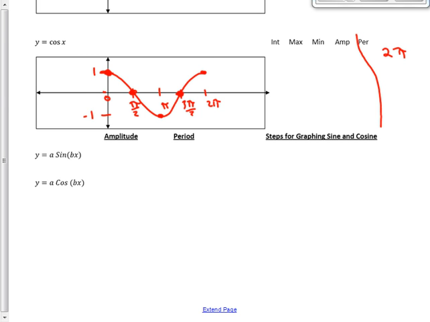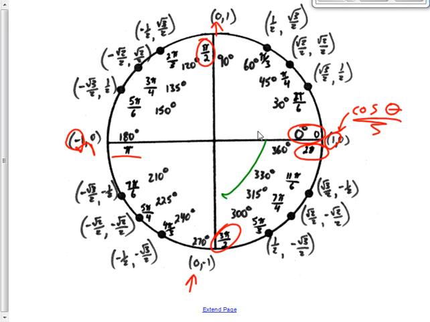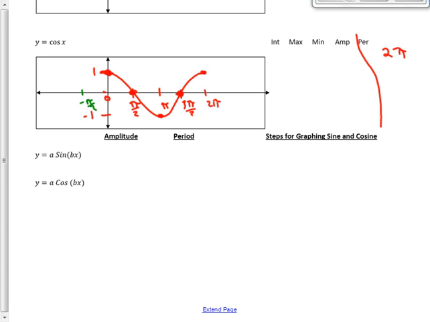The same idea happens though, if I were to continue this graph to the left-hand side and look at negative pi over 2 over here, going on the unit circle, going this way, at negative pi over 2, I'm still at a cosine value of 0. And then if I went over here to negative pi, I'd be down here at negative 1.